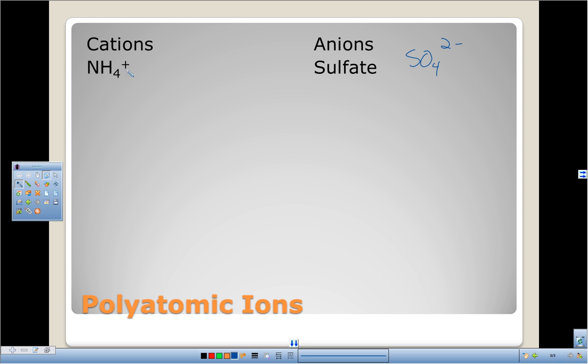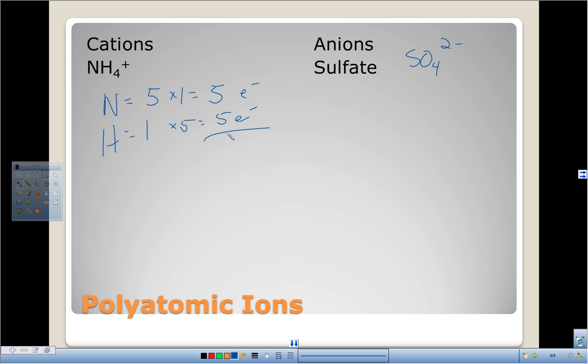So when I figure out my total electrons for ammonia, nitrogen is going to have how many? 5 valence electrons. How many nitrogens do I have? I only have 1 of them. So that's 5 electrons there. Hydrogen has 1 valence electron. I have 4 of them, so that's 4 electrons there.